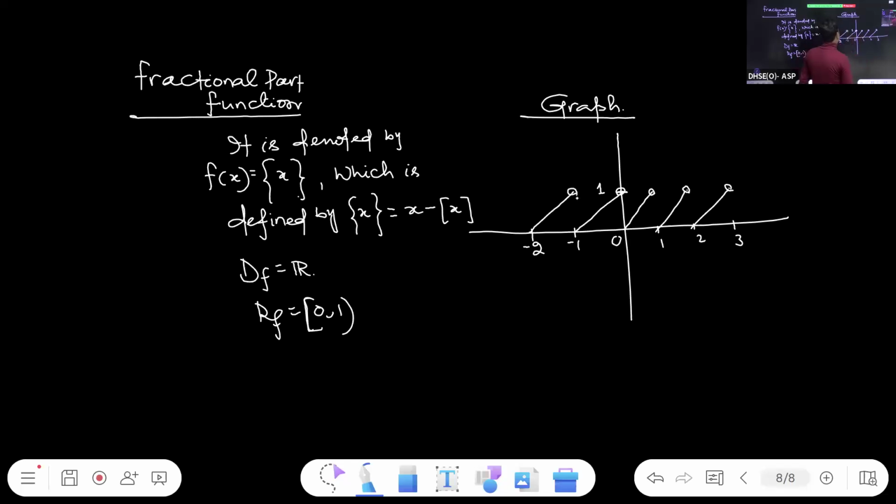Okay. This is the graph of fractional part function.